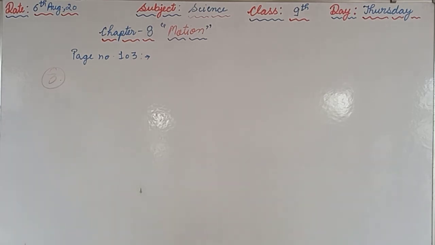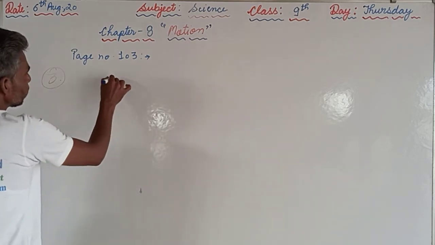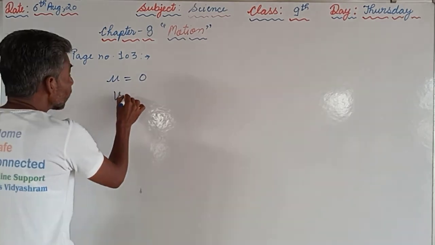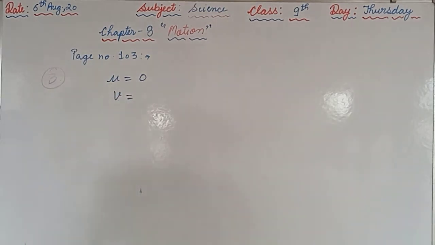In question number 3, a train starts from a railway station and moving with a uniform acceleration attains the speed 40 km per hour in 10 minutes. We have to find the acceleration. First we are supposed to read carefully. A train starts from the railway station, means it is starting from 0. So initial speed is 0.